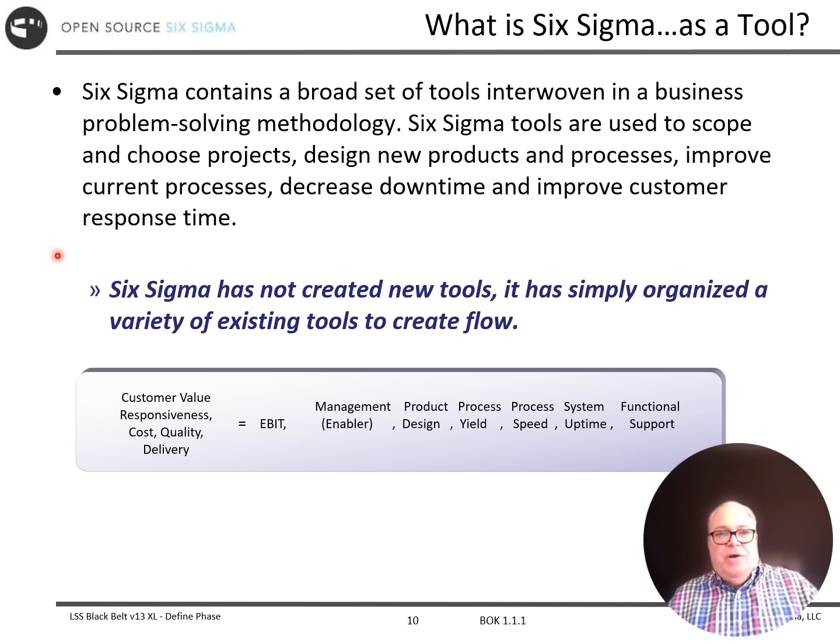The tools aren't necessarily designed just for the Six Sigma methodology, but we've organized them into places where they are most applied on the framework of the DMAIC process. To give you an example, in my early years at Motorola, we taught courses at Motorola University on all kinds of tools.